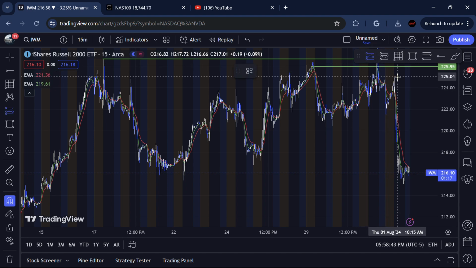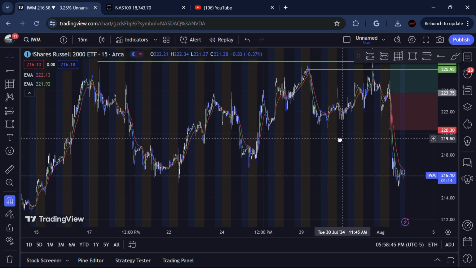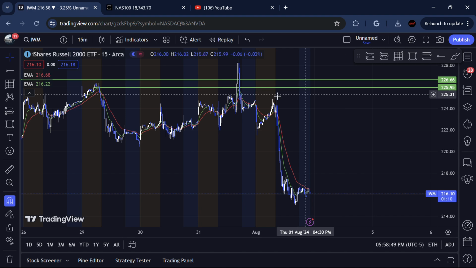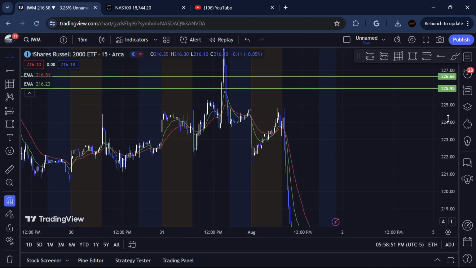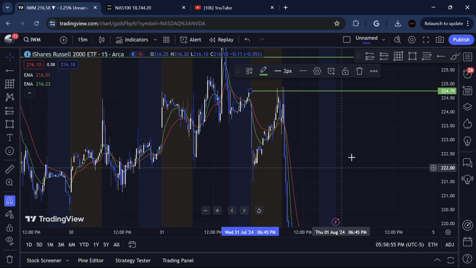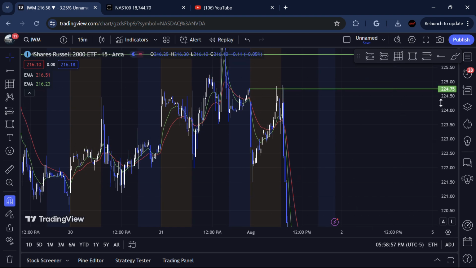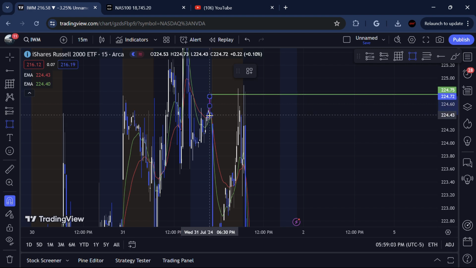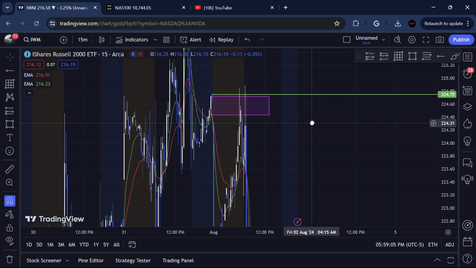Entered right when the market opened, right around here somewhere. Oops, wrong one. Also, even a little bit more confirmation if you'd like. Bang, swept it out, bro. And then here, I'll even show you this, an order block. Bang, bang, boom.